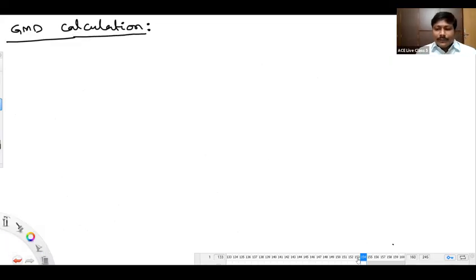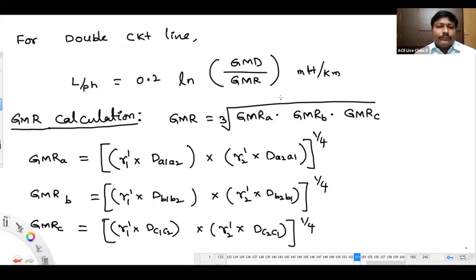You see this. GMD, basically for a three-phase system, is nothing but the cube root of D AB, D BC, D CA. Forget about how many conductors you have in phase A, phase B, phase C. Just take it as the cube root of D AB, D BC, D CA.